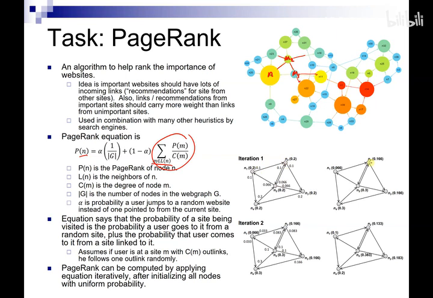So the total probability that somebody is going to be at N2 is going to be 0.166. Basically, you take the current probability and divide it equally among all your outgoing edges, so that you have all of these weights being put onto these edges, and then each node is going to take all the incoming weights and add them up.